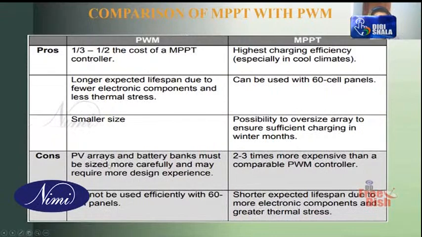Okay, so during sizing, we have to be very careful because in the PWM method there is wastage. The battery should get proper voltage and power, but your panel should have more power capacity than the requirement. Then only will you get the correct power to the battery. So we have to be very careful in selecting the number of PV modules and their size. Okay, so this is the comparison.